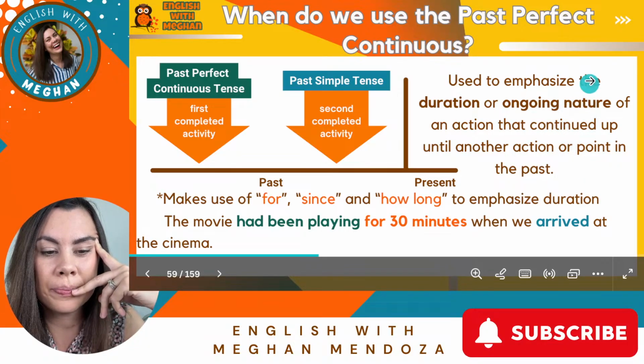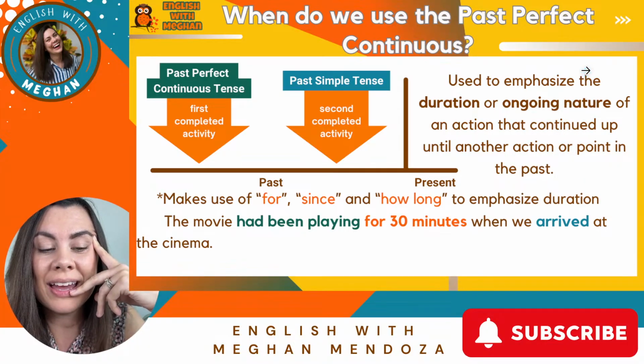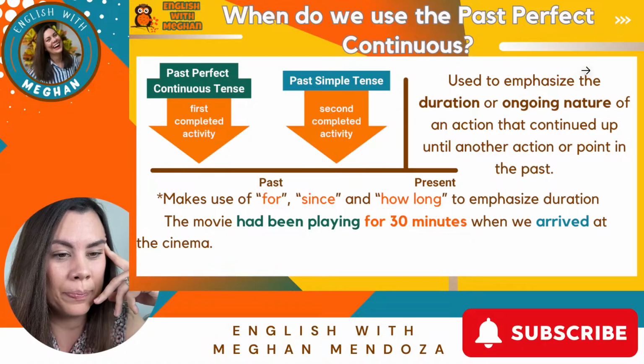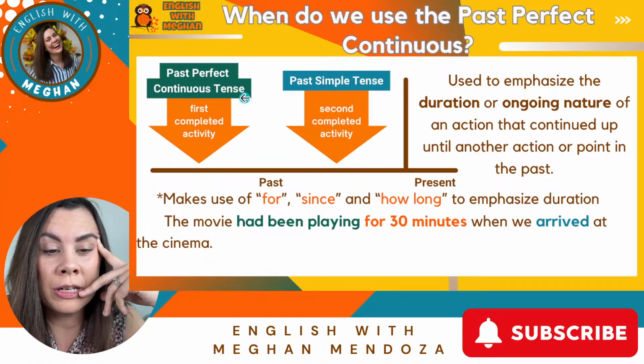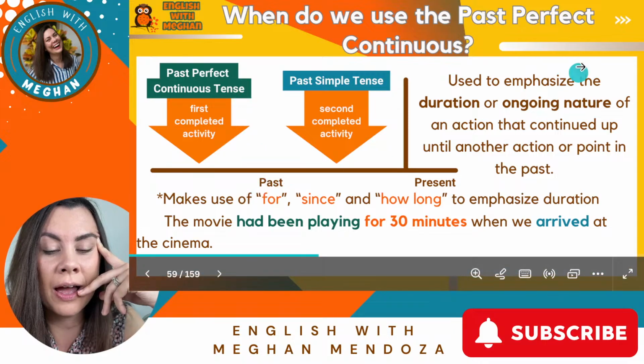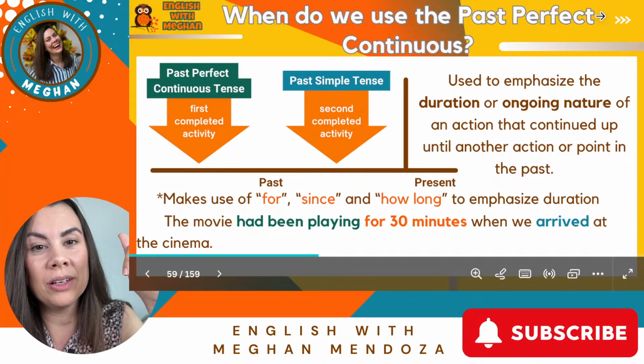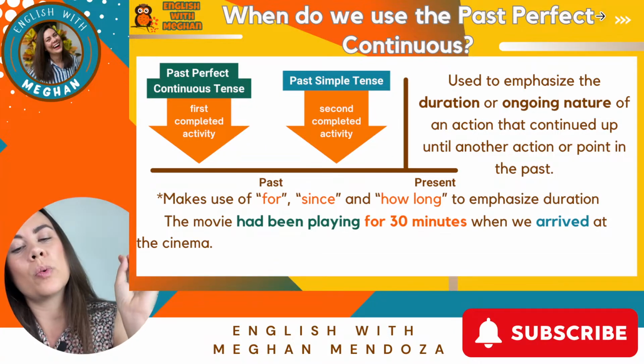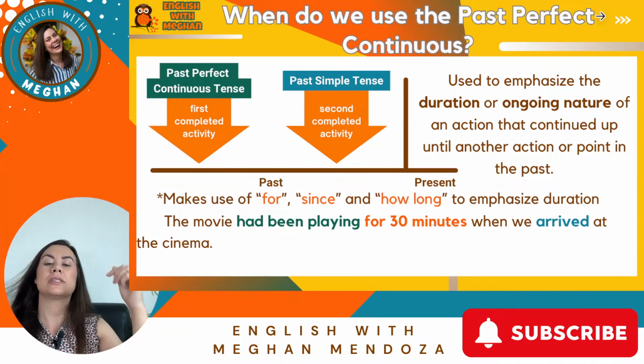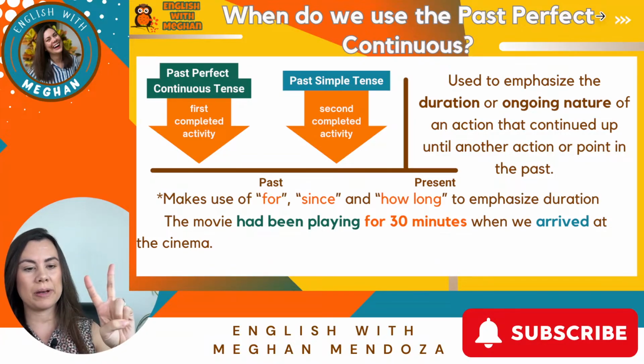For example, the movie had been playing for 30 minutes. You see that past perfect continuous, and there's our time expression. When, that's our time word, we arrived at the cinema. Two actions happening in the past.